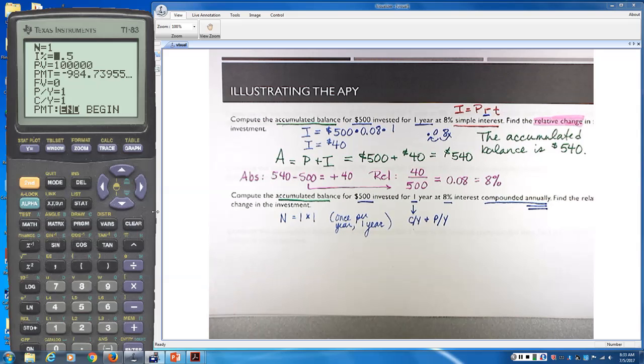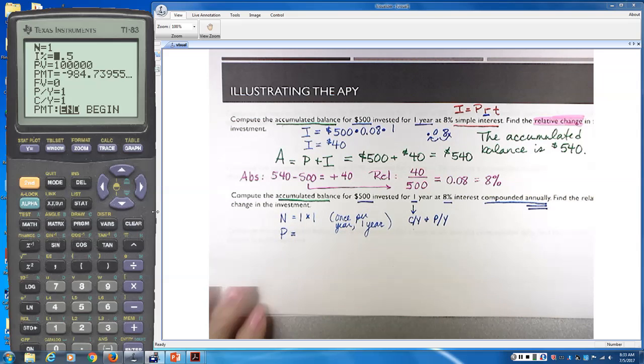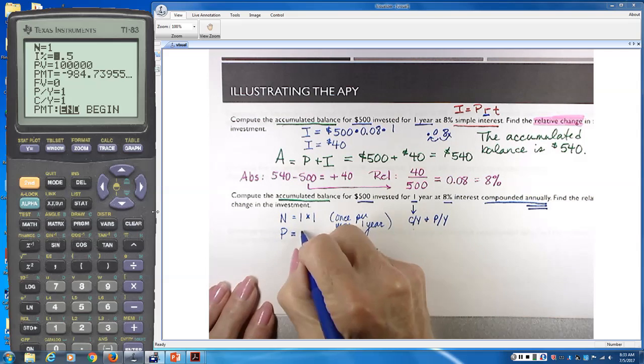So that's why it's actually going to turn out to be 1. Our principal is what we put in to start with. That's what we would call present value. That's the $500.